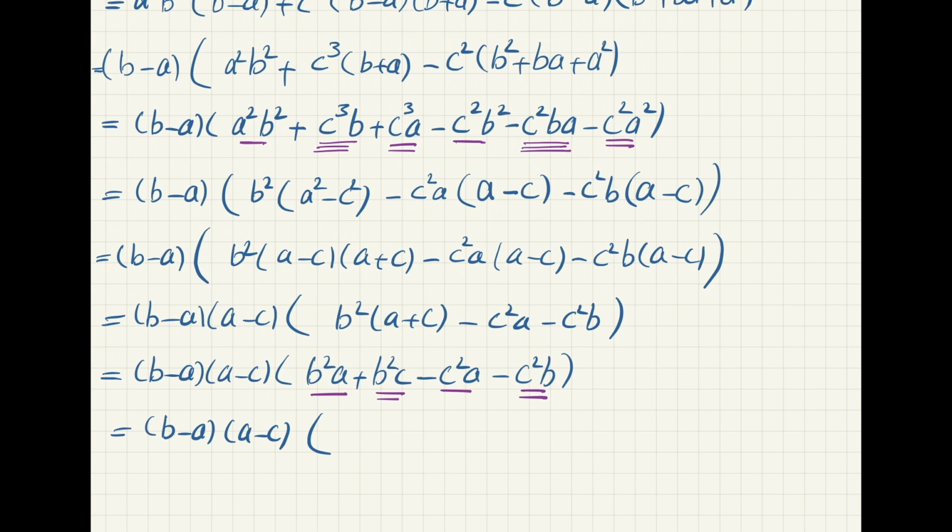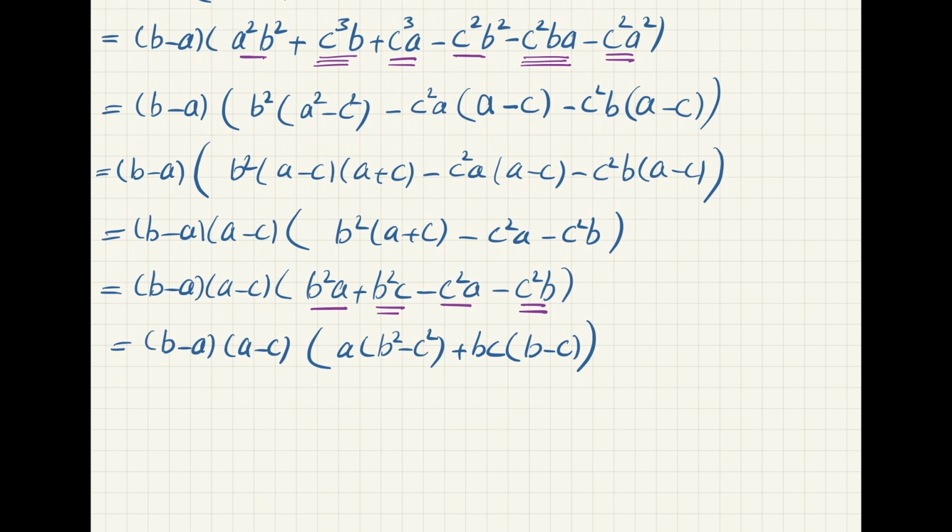Between the first group, I can factor a out, then b squared minus c squared appears. And between the other groups, I can factor a bc out, then b minus c appears. Again, I can do this. I can write b minus a minus c. I can factor this using the conjugate rule.